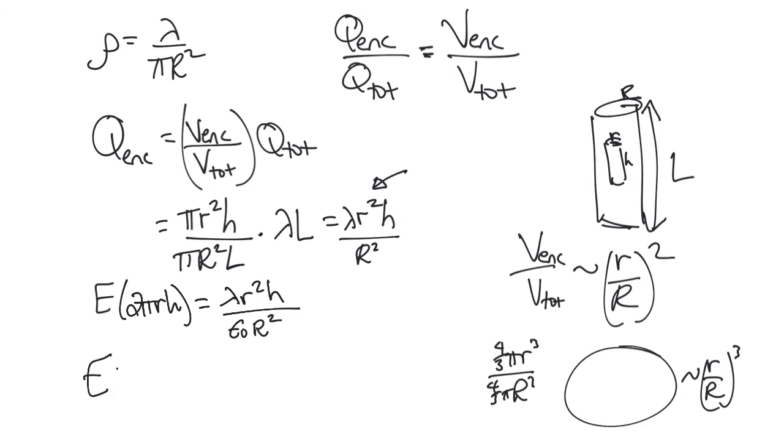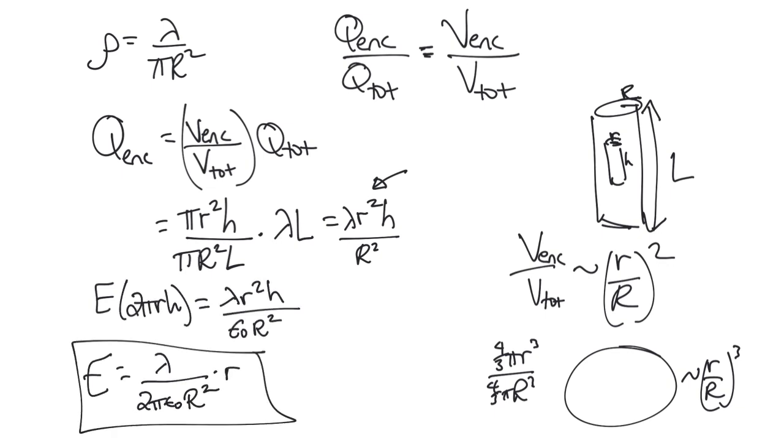And here we are, lots of things cancel, but what do we get? The h doesn't matter, as I claimed earlier, that dimension of our Gaussian surface always cancels out. And we get down here lambda r over 2 pi epsilon naught big R squared times r. So that was the result that we got before inside.